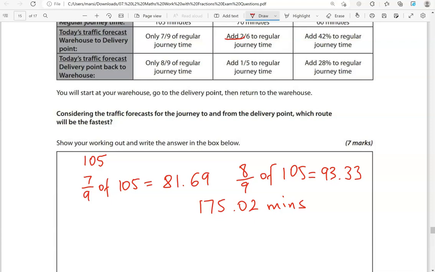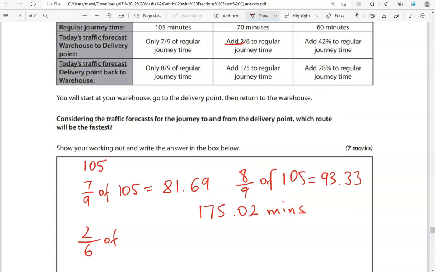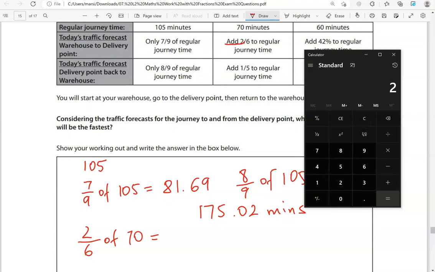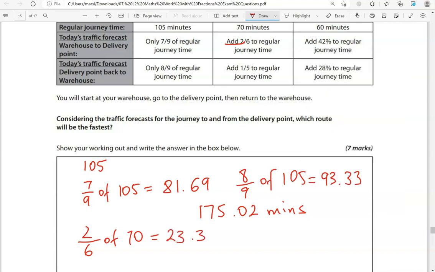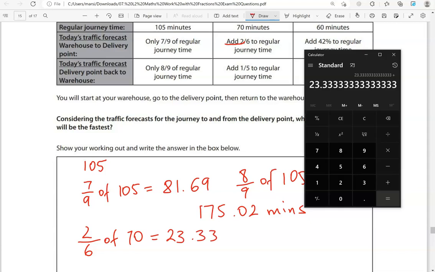So 2/6 of 70, 2 divided by 6 times 70 gives us 23.33, which we're going to add to the 70 minutes. So 23.33 add 70, that gives us 93.33.